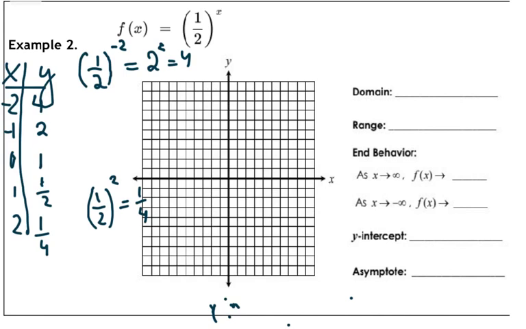Negative 1, y is 2. At 0 we have 1, and at 1 we have 1/2. At 2 we have 1/4. As we see, we are approaching the x-axis. Okay, so now let's connect the points to draw the decay function.